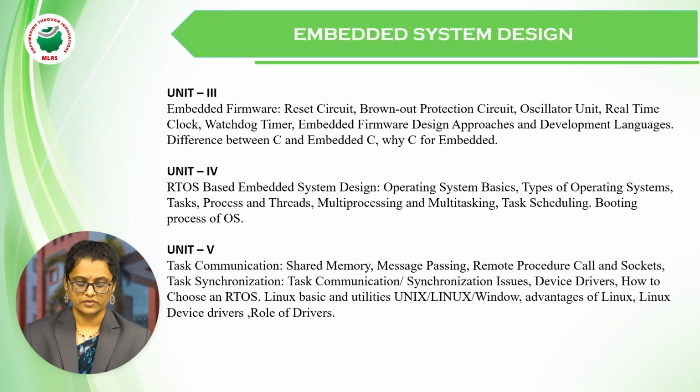Then coming to the fifth unit, we have task communication and task synchronization techniques. In this we have shared memory, message passing, message queues, mutex, mailboxes, and synchronization techniques based on Linux: the introduction part of Linux, Unix, and the advantages of Linux, Unix, Windows, like that. So these are the total 5 units we are going to discuss.